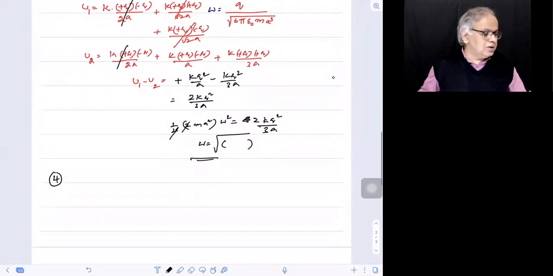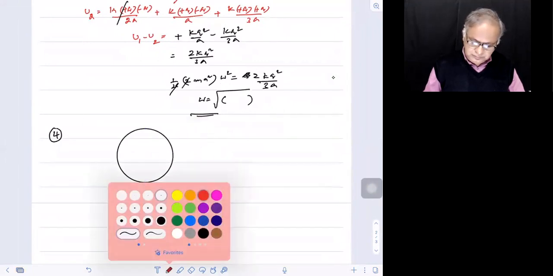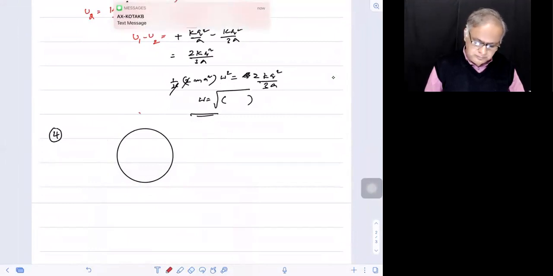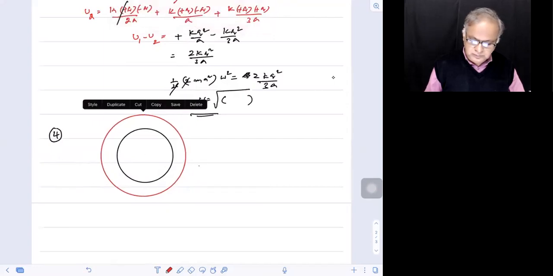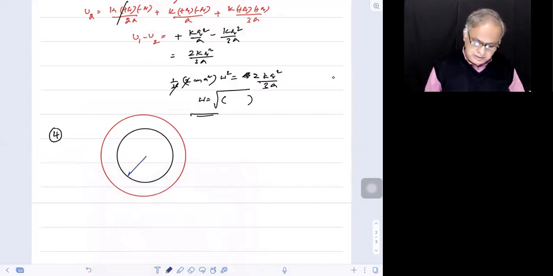Fourth. Two concentric conducting spheres we have as shown. I'll show them here. The inner radius is R1, the outer radius is R2.